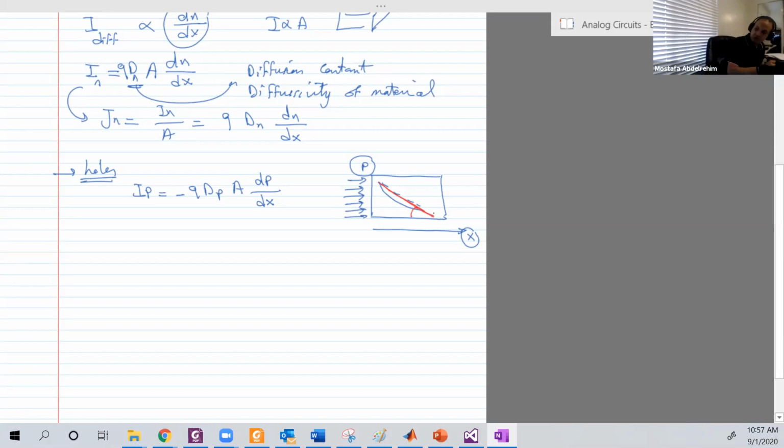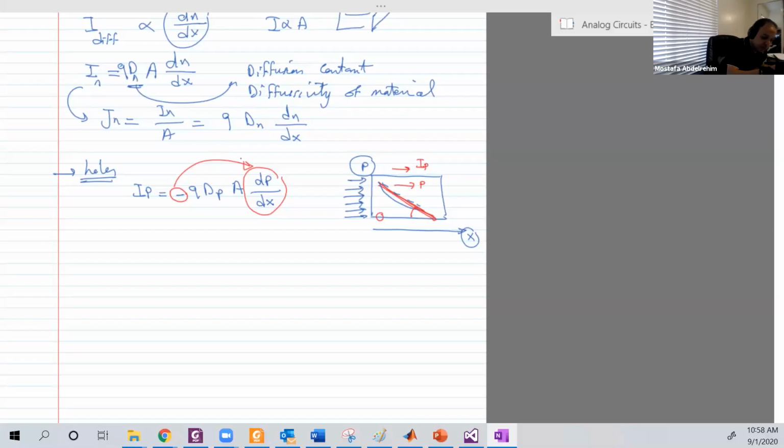So basically, since we have higher doping here than here, the holes will move in that direction. And the direction of holes is actually the direction of its current. So IB is also in that direction. But dB by dx itself is negative because it's a negative slope. So we need to put this negative sign here so that we cancel out the negative sign that comes from dB by dx.